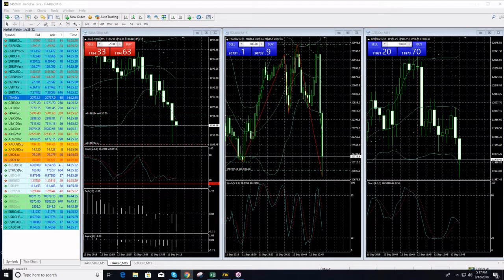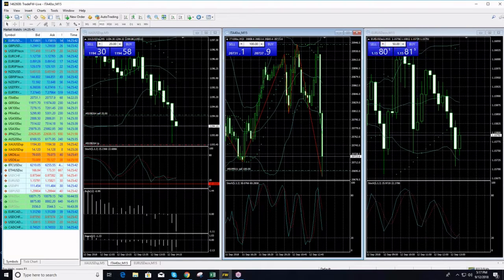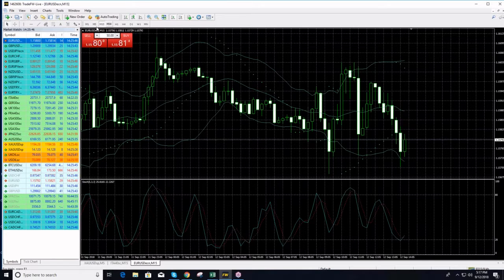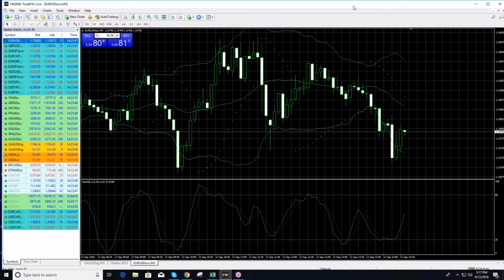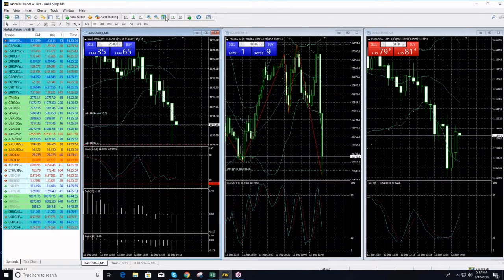It's a crazy drop, guys. It's a crazy drop, and we can see this also on euro pairs. Here we go. Crazy drop. It cost us a loss of $1,900, but it made us a profit.